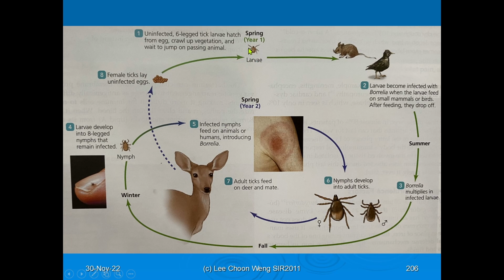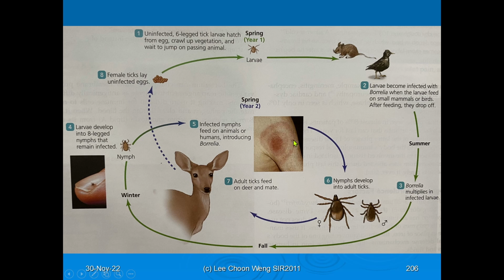An uninfected larva of the tick will feed on rodents or birds that are carriers for Borrelia, and the larva becomes infected with Borrelia. After the ticks have fed, they will drop off and then continue growing, infecting larger animals, including humans, where they introduce Borrelia to the animals and humans.